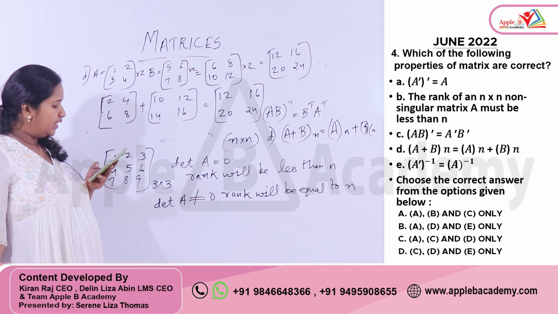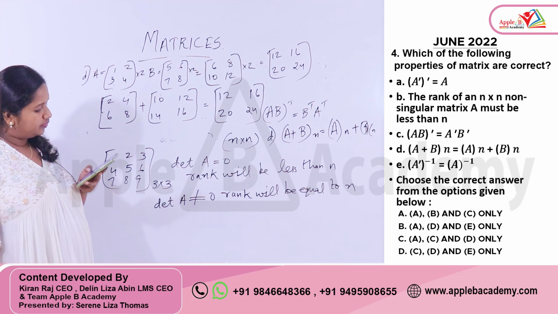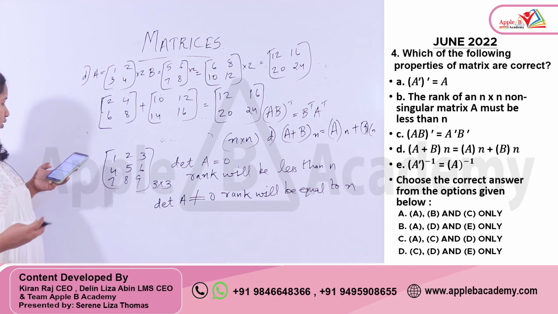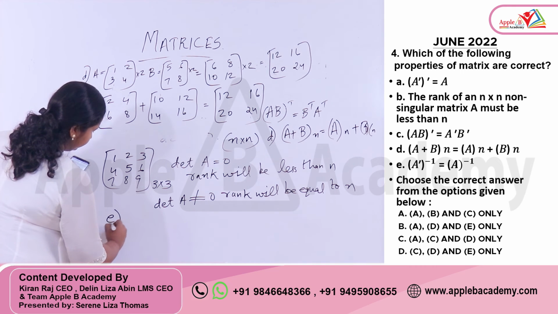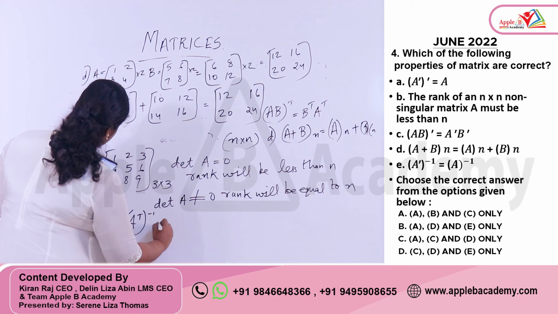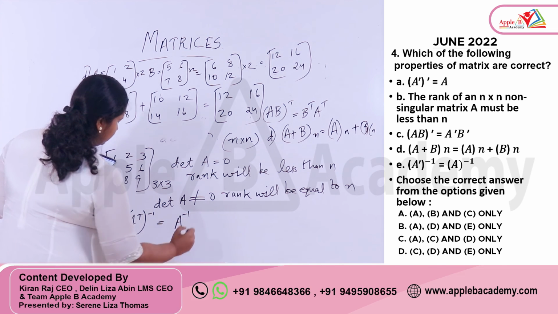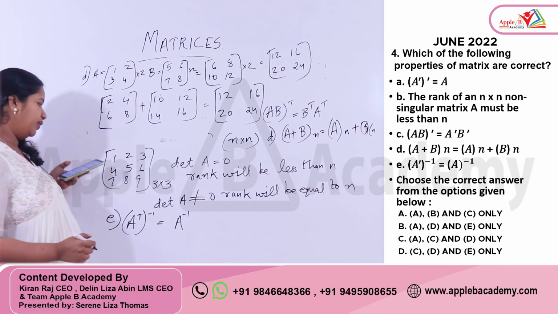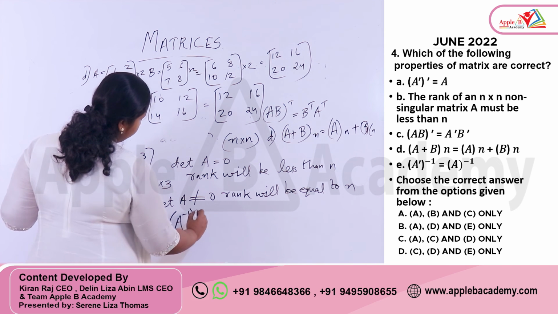Okay. Now the last option is A transpose the whole inverse is equal to A inverse. No, that is not correct. A transpose the whole inverse is actually equal to A inverse the whole transpose.